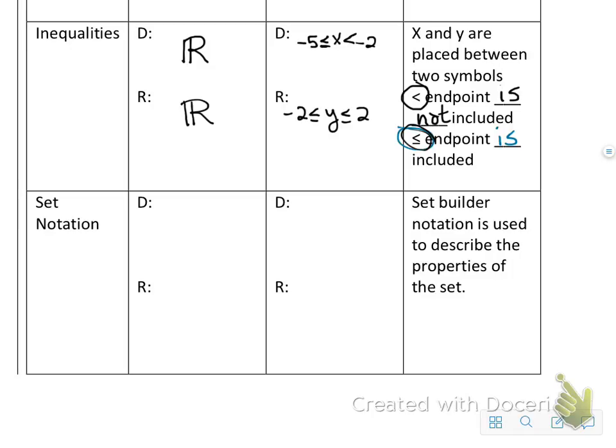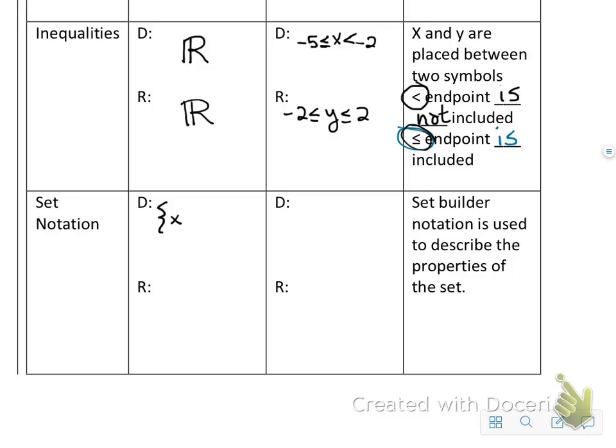Now, whenever you're doing set notation, set builder notation is used to describe the properties of the set. Well, our set is x, or it's y, depending on whether you're doing domain or range. So for domain, the only difference between the set notation and the inequality notation is that we do a little brace. Those are braces. You don't have to do them perfectly, just attempt your best.